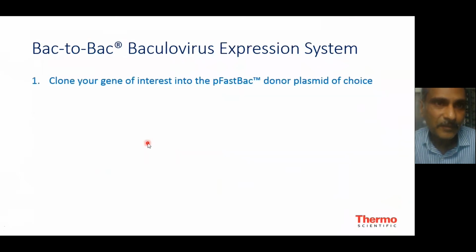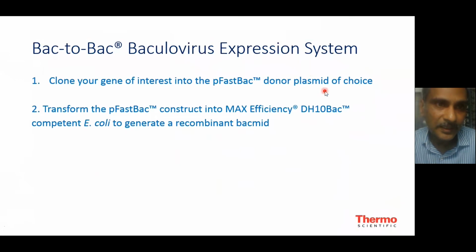So first, what we have to do. These are the steps. We have to clone our gene of interest into the pFastBac donor plasmid of choice. Then we have to transform this recombinant pFastBac into these MAX Efficiency DH10Bac specialized E. coli competent cells, which will help us to generate a recombinant bacmid.